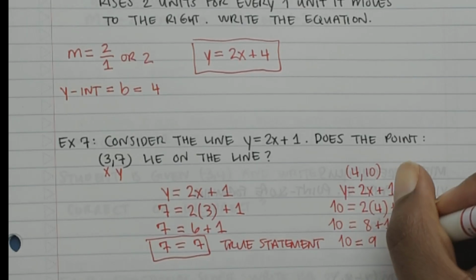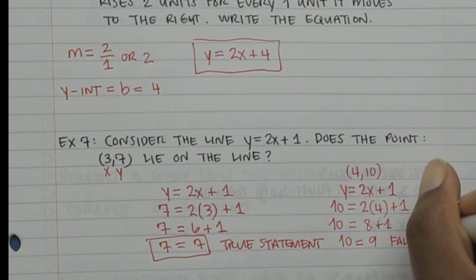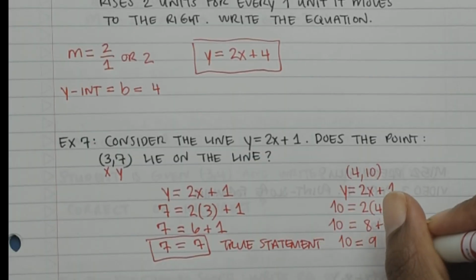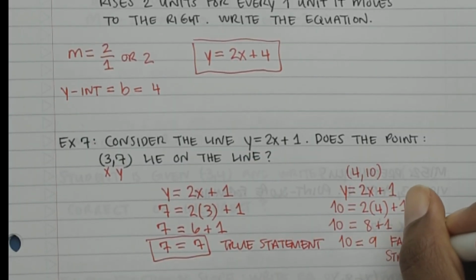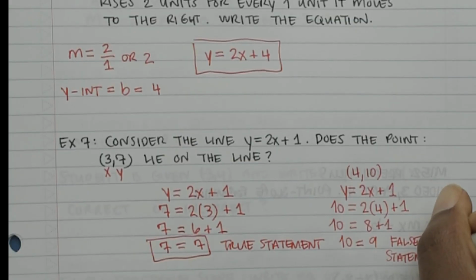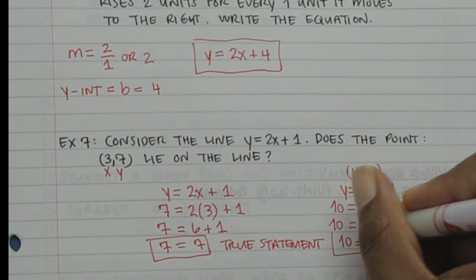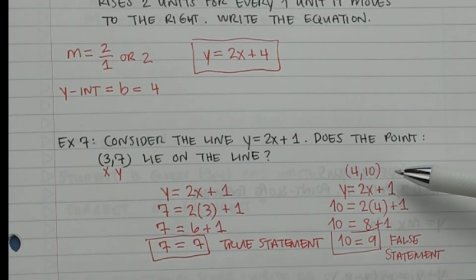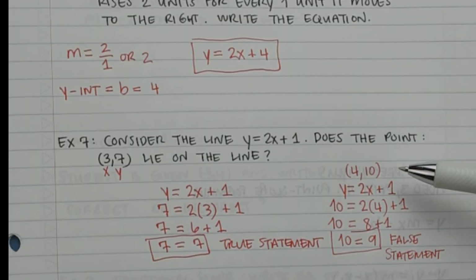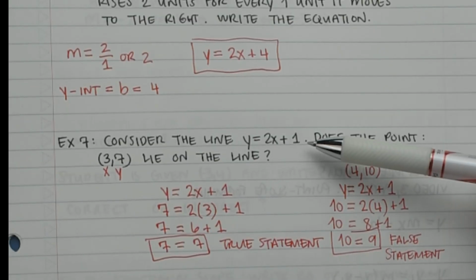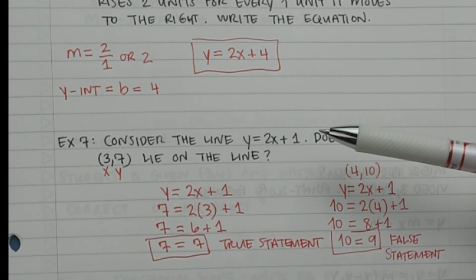This is a false statement. Since this is a false statement, it basically states that this point does not exist on this line, this function, okay?